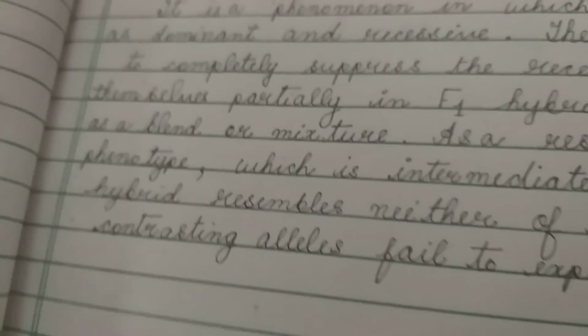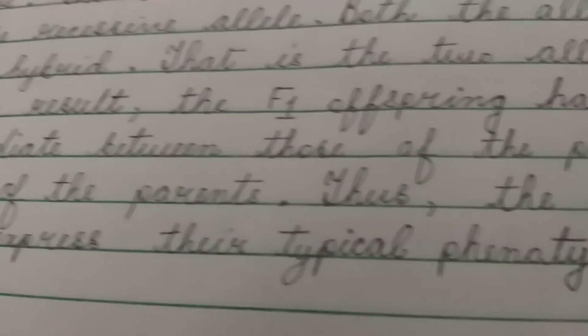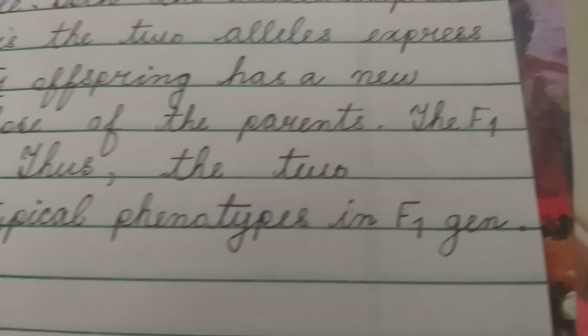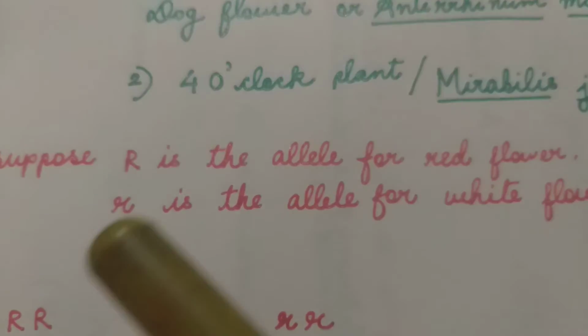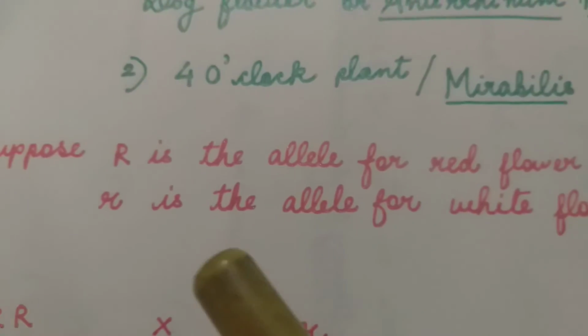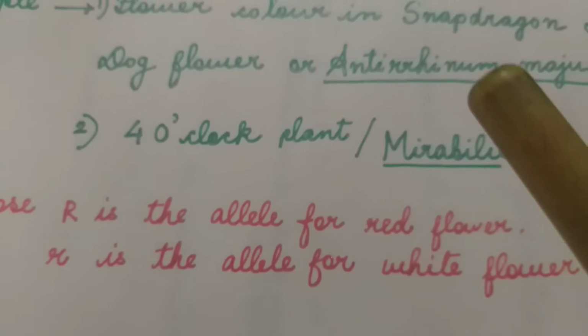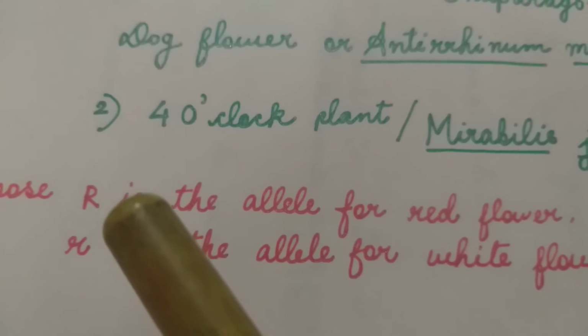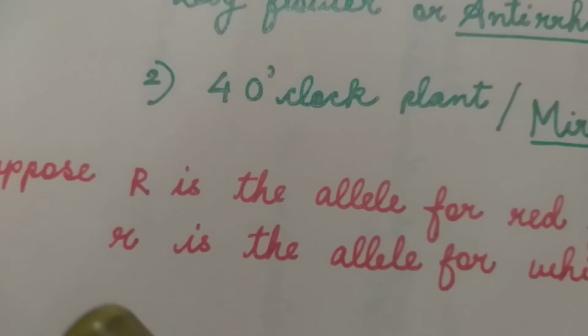Thus, the two contrasting alleles fail to express their typical phenotypes in F1 generation. So it is evident in this example. This is the allele for red flower. This is the allele for white flower, present in Mirabilis and Antirrhinum. Capital R and small r, they are not related as dominant and recessive.